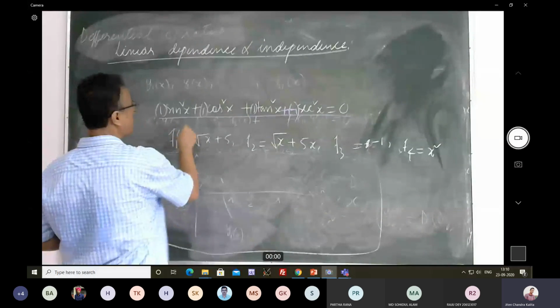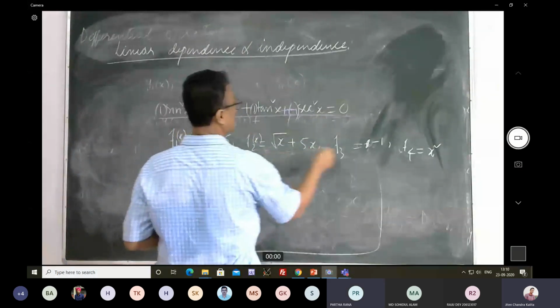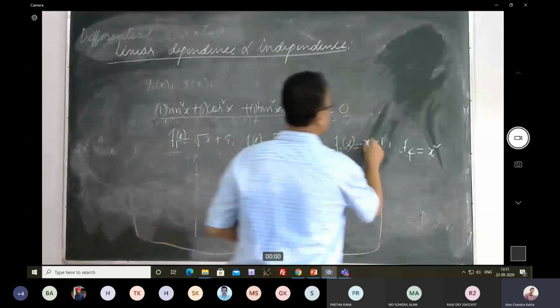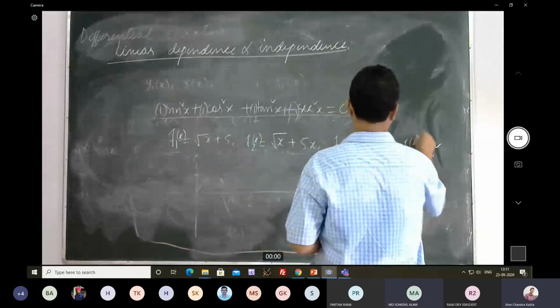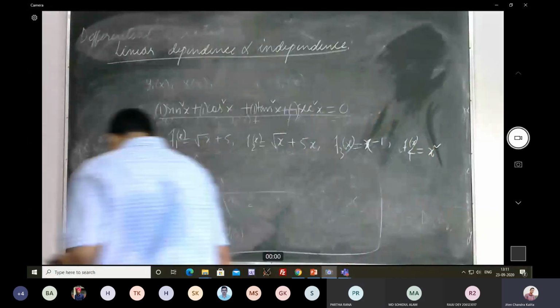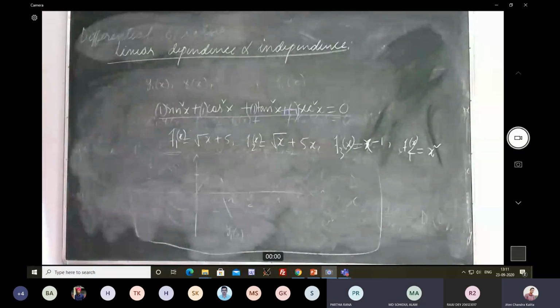So what about this? f1(x) is this, and this is x minus 1. Are they linearly independent or dependent? Dependent. Why?